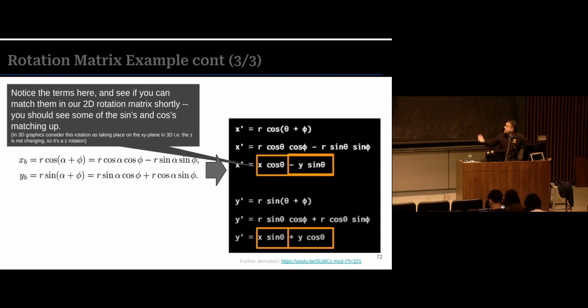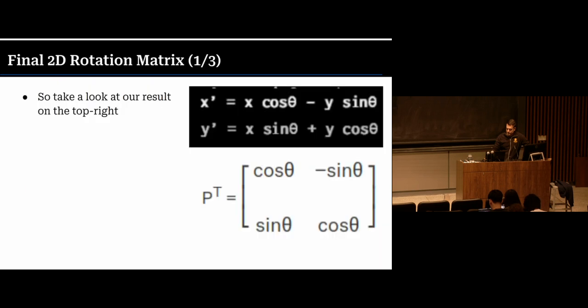So again, from the derivation, we're basically going to take this form at the top, with our new x or our new y, and convert it to this form down here. We're going to stare at this a little bit.